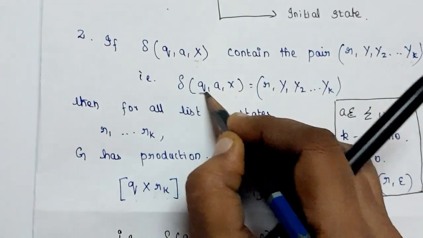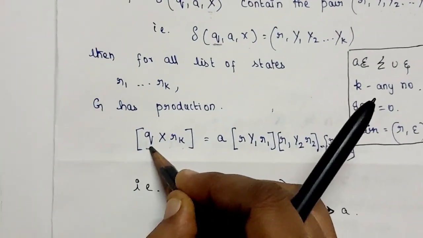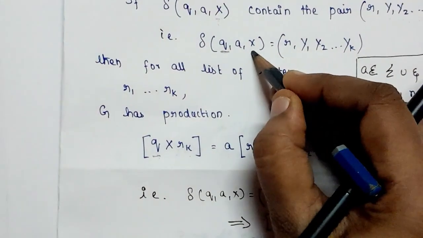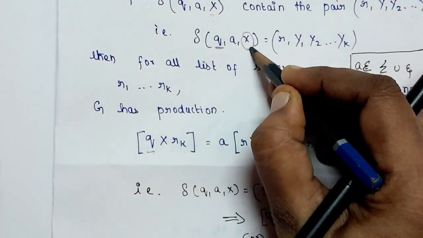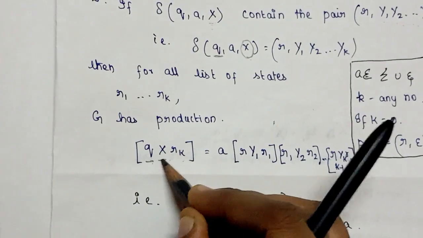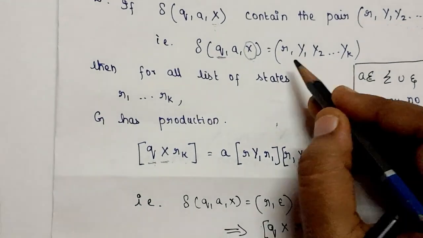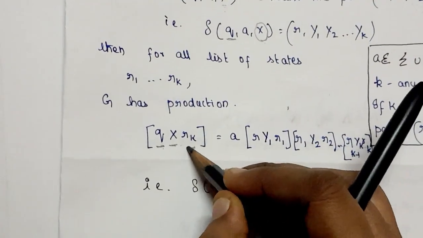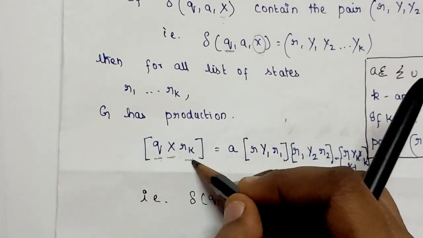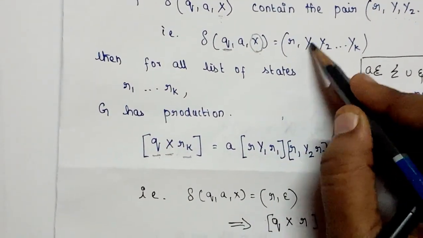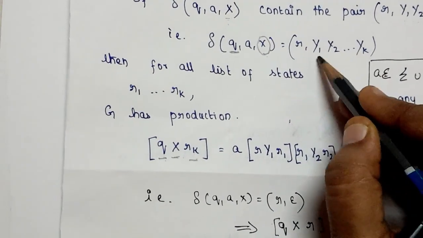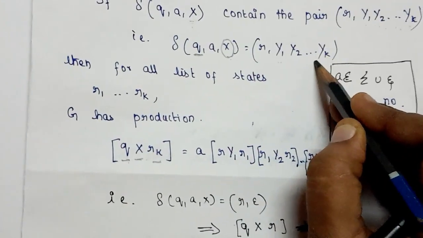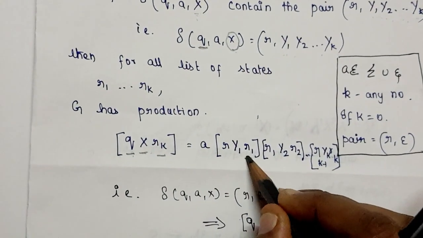The q is the state at which we are now. The stack content, that is the topmost stack symbol, should be represented here as the second component. And the third one is going to be taken from the last of the states, because when we start processing each element, you may have to move from one state to another. So all these intermediate states are going to be represented here.